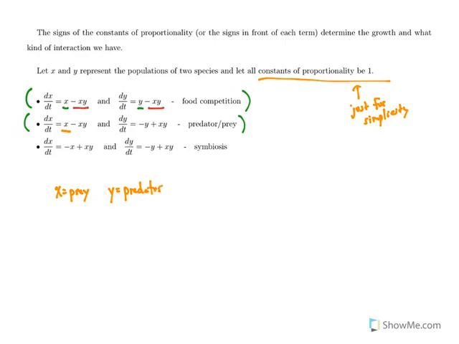So if X is the prey and the predator doesn't exist, their population is going to go up, right? They have nothing inhibiting their growth. They're just going to continue to grow.